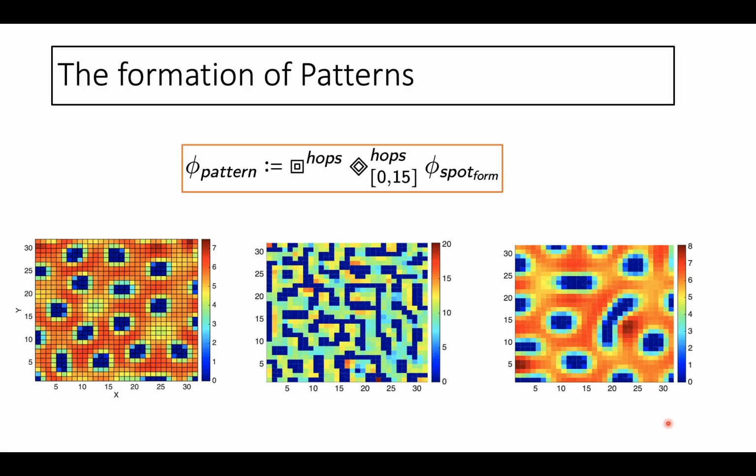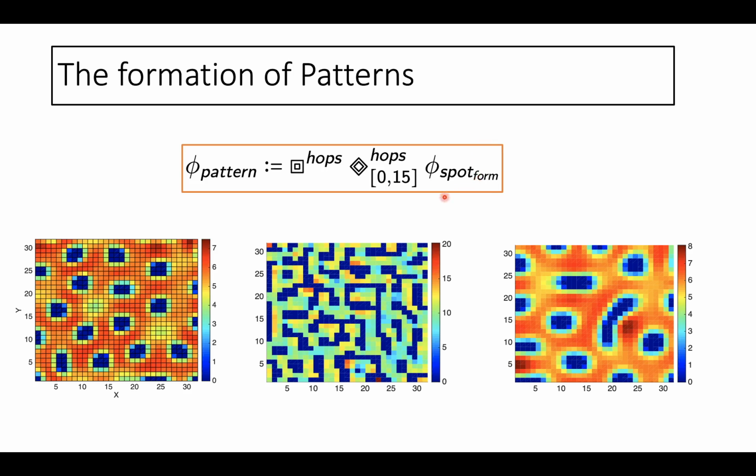That means everywhere, so in each location, it should be true that from that location I can find a location at a distance between 0 and 50 where the property phi spots formed, so the formation of spot property, is satisfied.